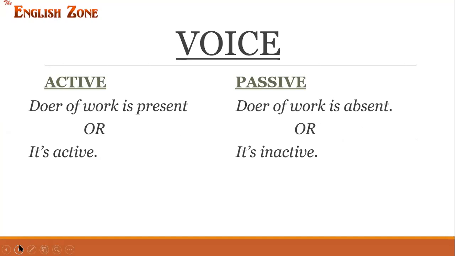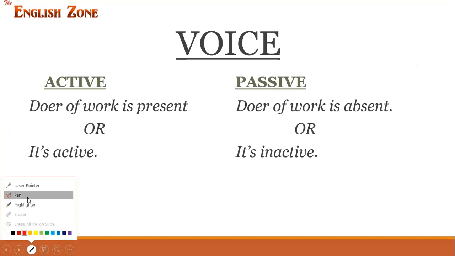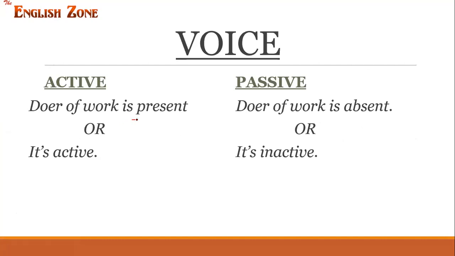What's the main difference between active and passive? In active, the doer of work is present, or I can say it is active. In passive, the doer of the work is absent, or it is inactive. Now, what does it mean?